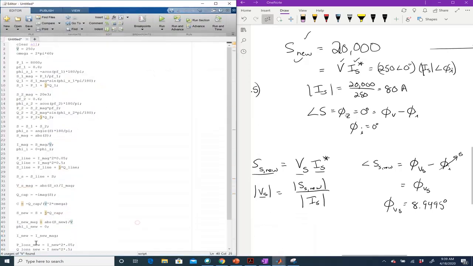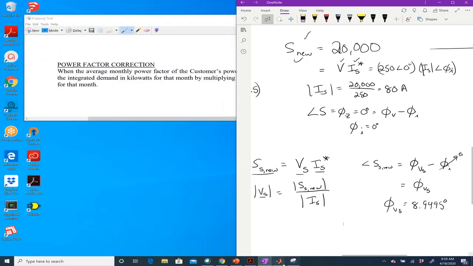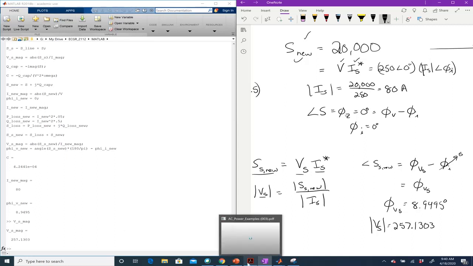I forget what I called it. Yeah, Vs mag. The magnitude of Vs is 257.1303. So a couple of things to note about that.